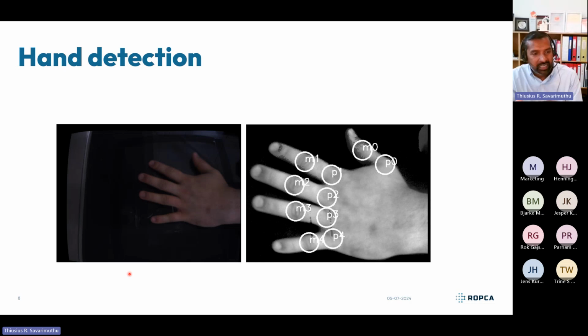And then on the side of that, we also developed algorithms for detecting the finger joints. At this point we did not have AI algorithms for hand detection on the detail level that we needed.